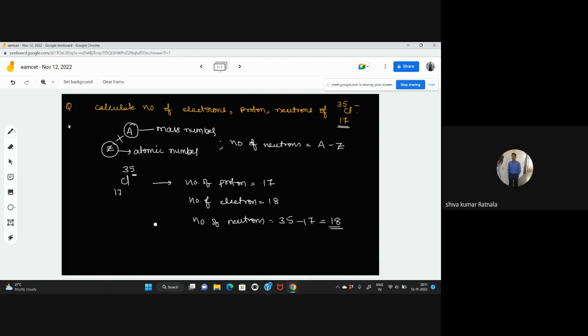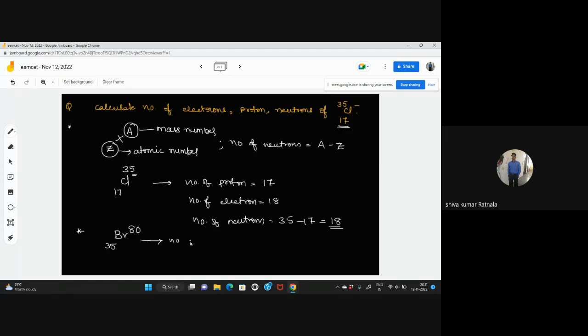Okay. One more. You calculate for this. One more example I'm giving like this. So bromine, mass number 80 and atomic number 35. Tell me how many protons, electrons, neutrons in this one. Students need to tell, you need to respond.